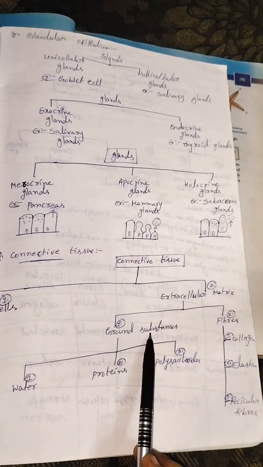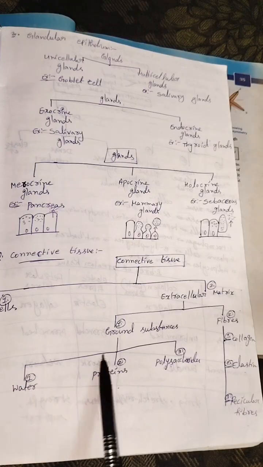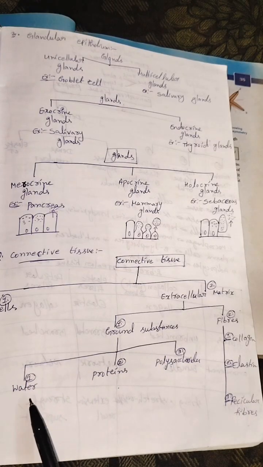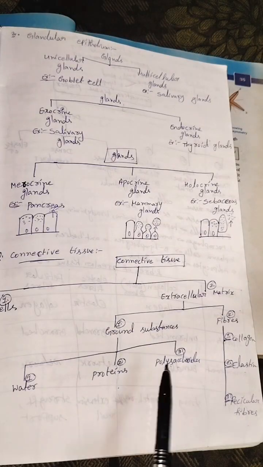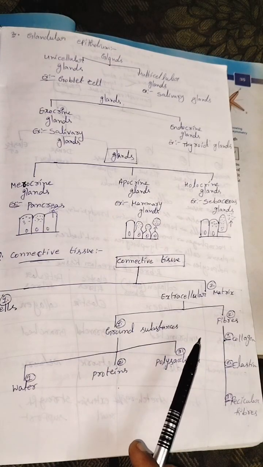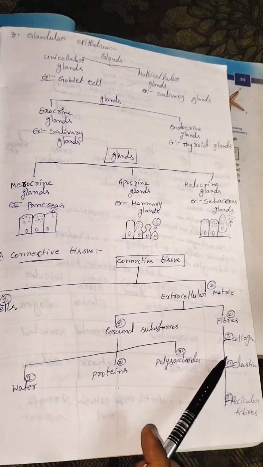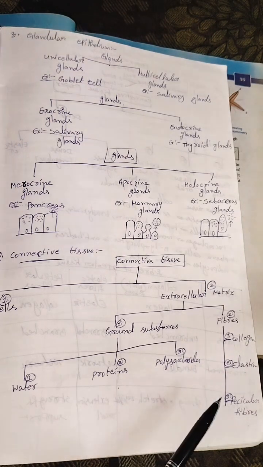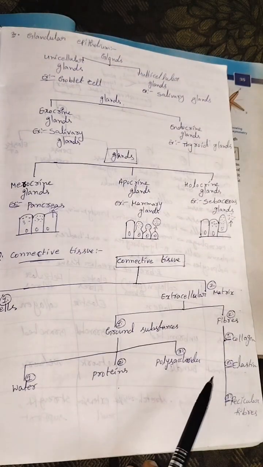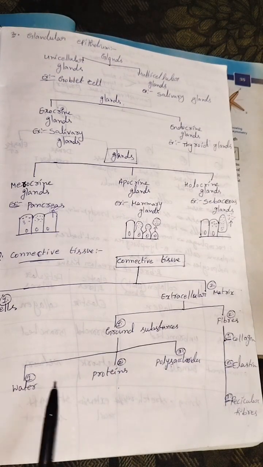In the ground substance there are mainly three types: water, proteins, polysaccharides. In the fibers there are three types of material: collagen, elastin, reticular fibers. So these are the main points of connective tissue.